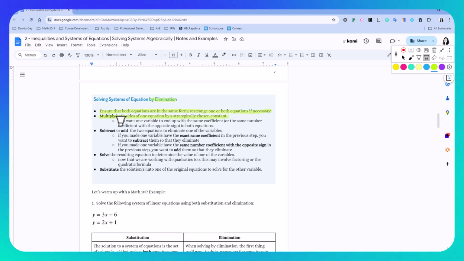This is the key to elimination. We want one variable to end up with the same coefficient, but we want it to have opposite signs. So then we're either going to add or subtract. We're going to stick mostly to adding, but if you have learned subtracting and you're comfortable with that, you can definitely go ahead and use that. And we are going to eliminate one of the variables.